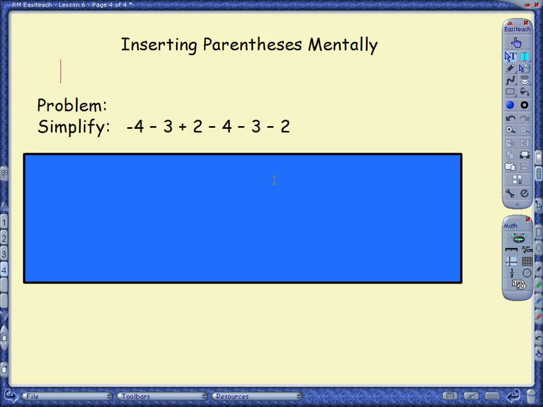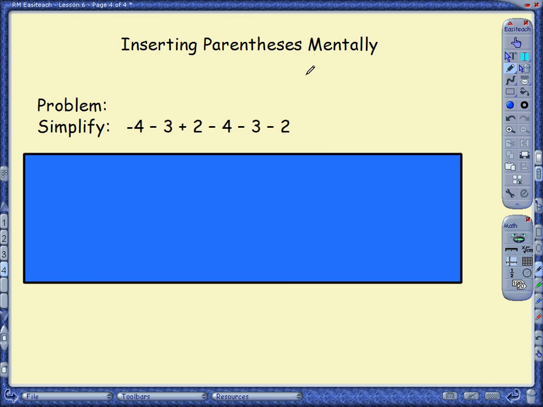Okay, I would group these numbers. And I would say that I have 1, 2, 3, 4, 5 negatives.